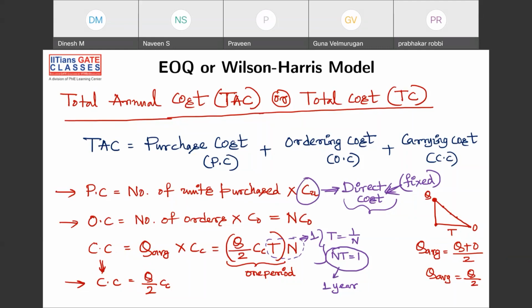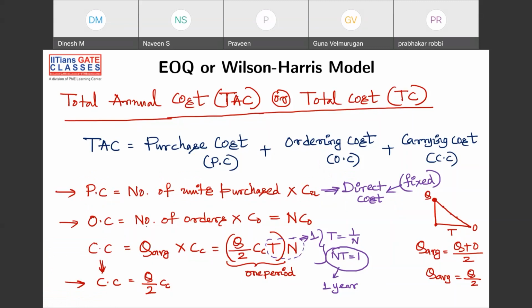It might change when a discount is given, but we are not discussing any discount here. Whether you order 100, 200, 1000 or 10,000, the unit cost per soap is 50 rupees only. It does not change, so it is fixed.